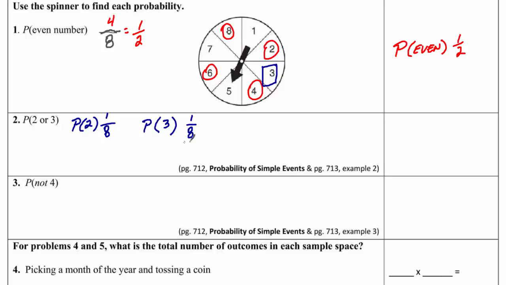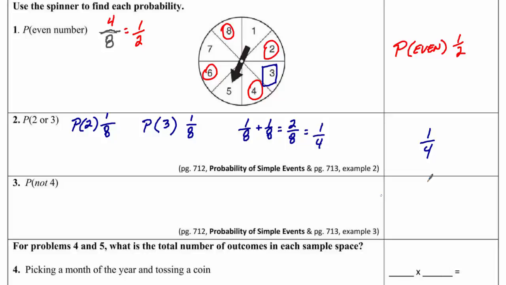So the probability of getting a 2 or a 3 is to add those individual probabilities together. Add the probability of getting the 2 to the probability of getting the 3, and we get a 2 out of 8 chance, which simplifies to 1 out of 4. So there's a 1 out of 4 chance of getting a 2 or a 3.